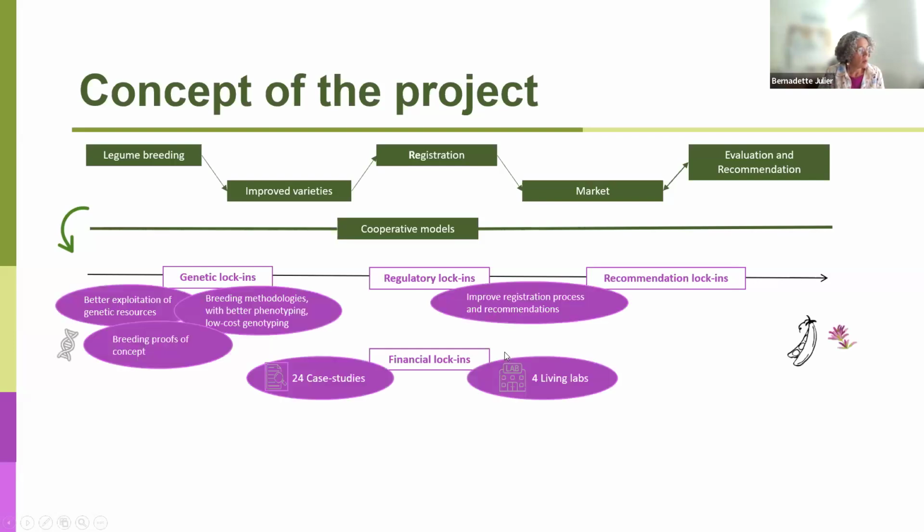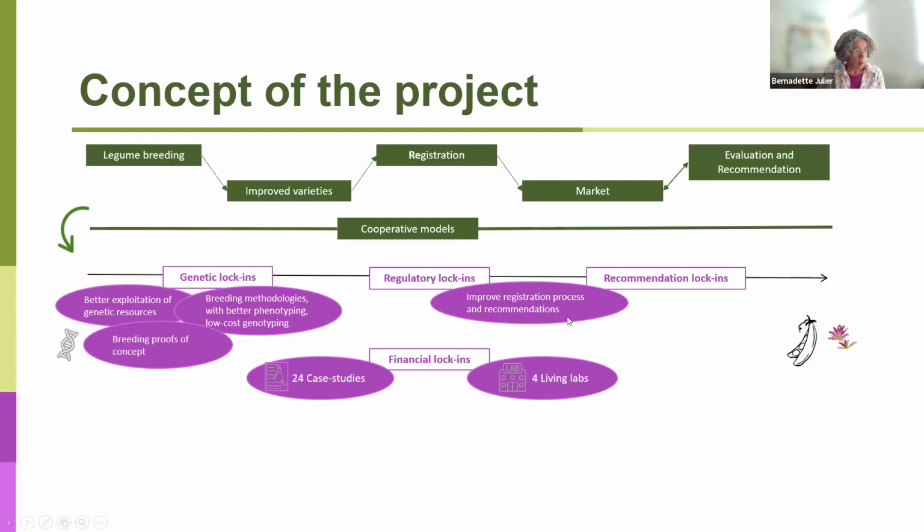We are addressing these lock-ins mostly at the genetic level, to better exploit genetic resources, to propose new breeding methodologies with better phenotyping and low-cost genotyping, and to go to breeding proofs of concept of our ideas for more efficient breeding for legumes.